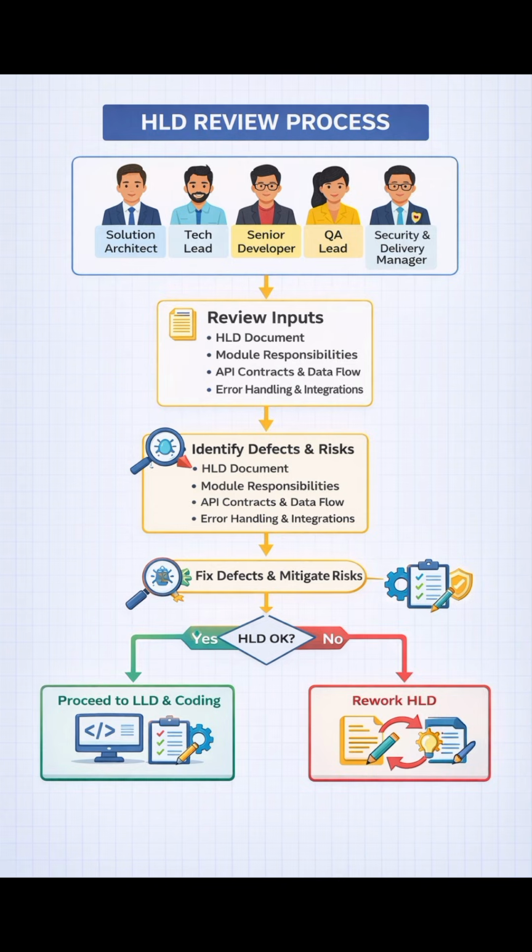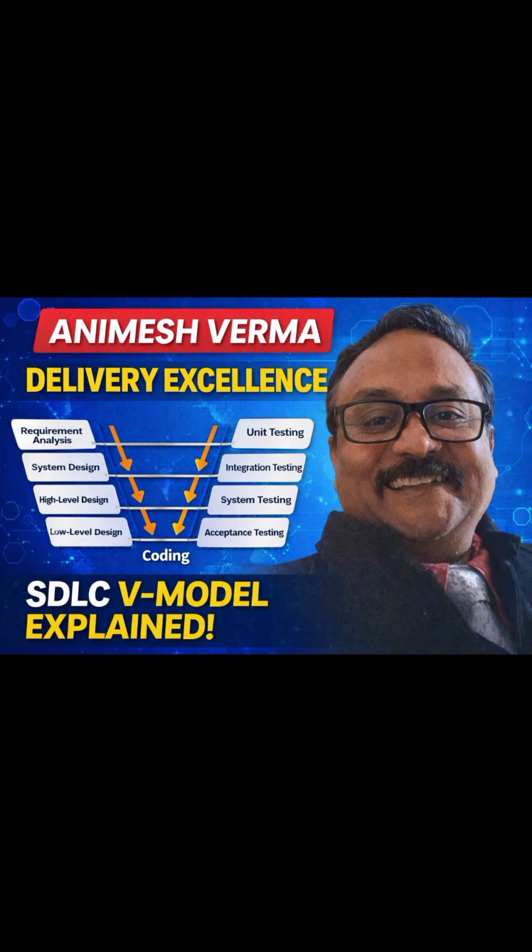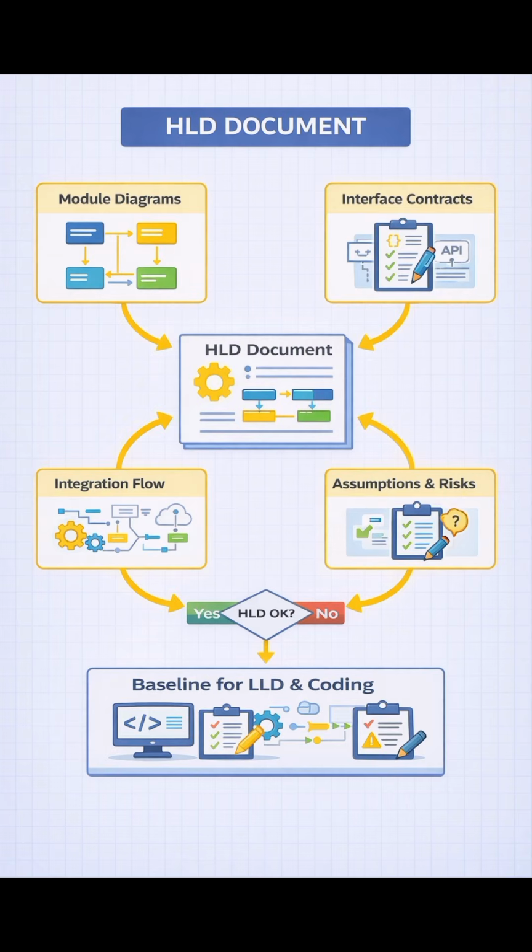The HLD review involves the architect, dev lead, QA lead, security and performance team, and delivery manager, because it is very, very important to have this. HLD deliverables are HLD documents, module diagrams, integration contracts, integration flows, assumptions, and risks, which are very, very important, right?